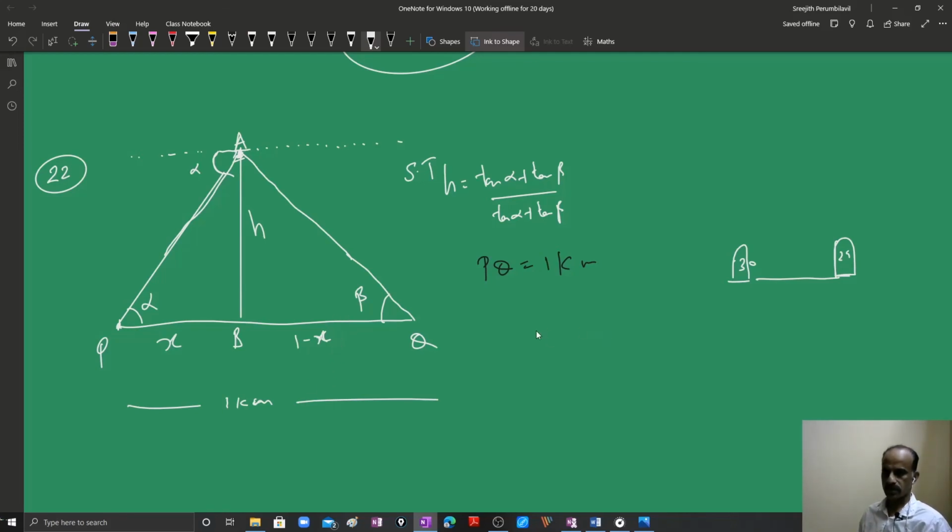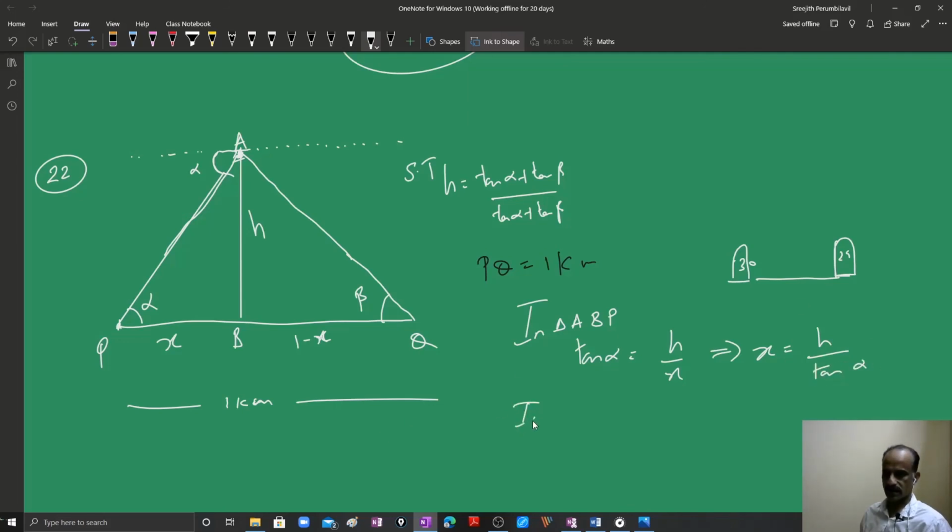Okay, so now in triangle ABP, tan alpha is equal to h by x. What do we need? We need h, so we have to get rid of x. This implies x is equal to h by tan alpha.